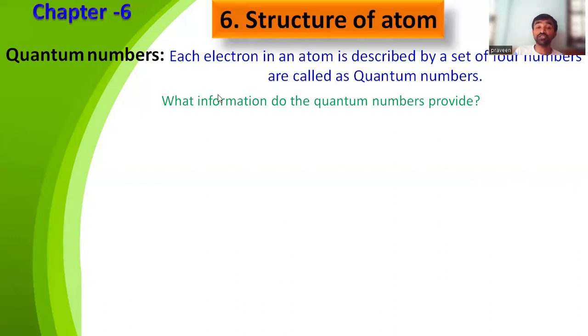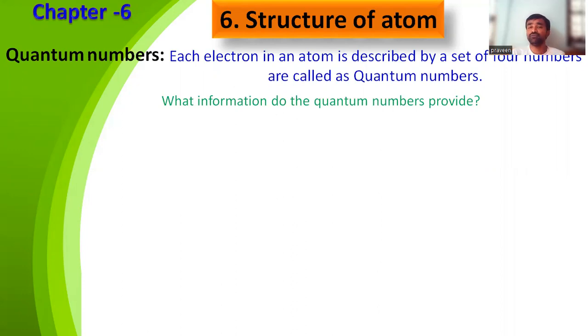So what information do the quantum numbers actually provide? They give complete information about the electron: the location of the electron, where there is a possibility to find it, what the shape is, and what about the orientation, how it is revolving or moving.